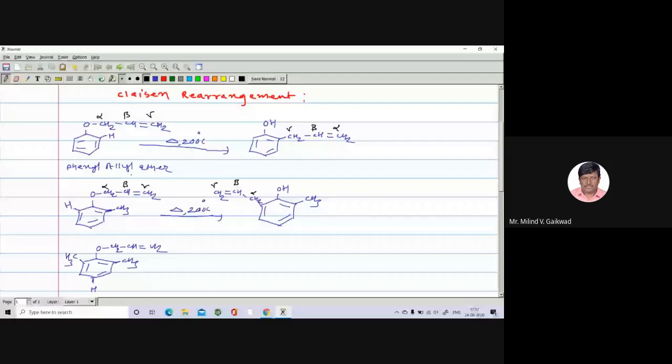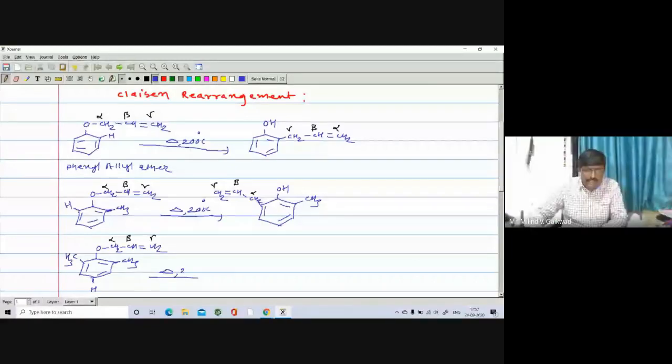So again it undergoes the corresponding reaction. When you heat it at a higher temperature, for example 200 degrees centigrade, it is found that there is also a formation of the corresponding phenol.